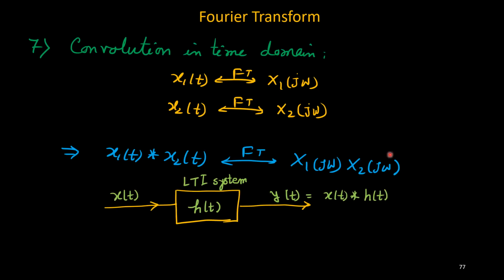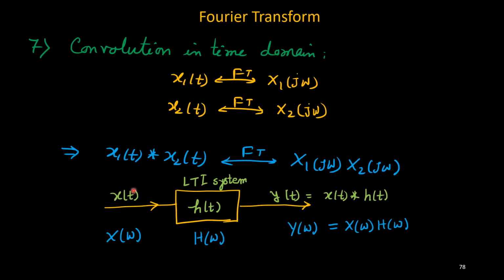This one is useful especially in LTI systems. In an LTI system, you know that if the impulse response is given as h(t), then for any signal x(t), we can find the output y(t). That output y(t) is nothing but the convolution of the input signal and its impulse response h(t), so x(t) and h(t).